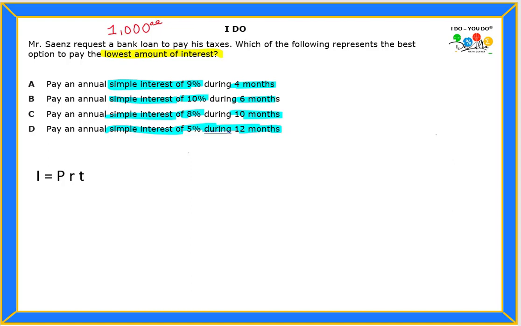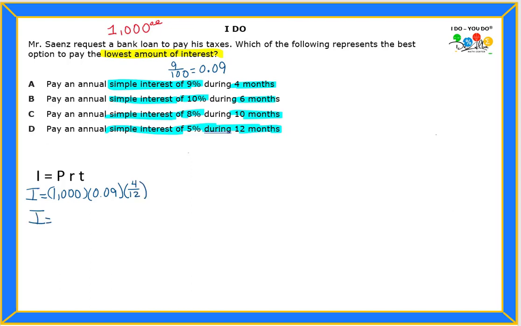Look, the interest, I do not know that one, but I do know the principal, which is 1,000. The rate is 9%. Now remember, this is 9 over 100, which is the same as 0.09. If you want to just write down 9 over 100, it's totally fine. And the time, that one you do need to write down 4 over 12.